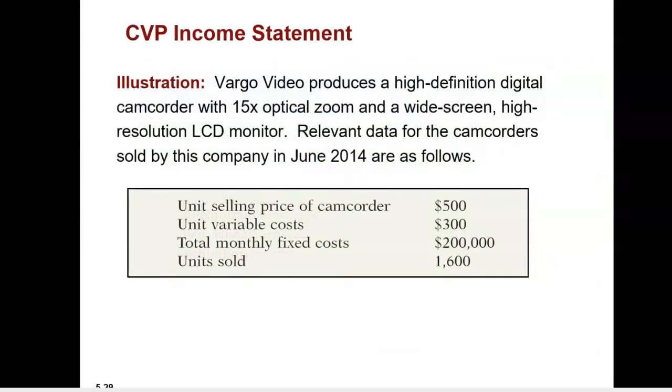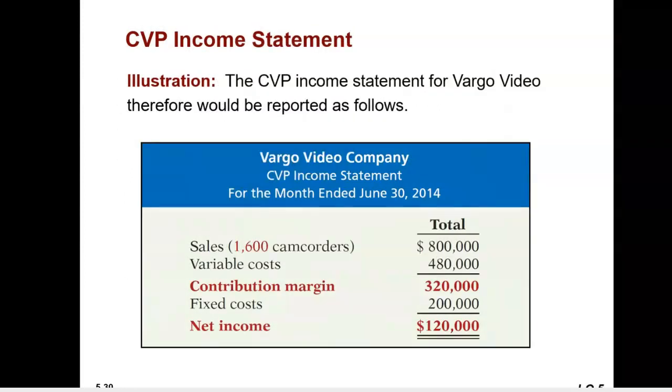All right, now we're asked to look at Vargo, which produces a high definition digital camera, and the relevant data is as follows. The selling price, 500, variable cost, 300, fixed costs, 200,000, and units sold, 1,600. So there again is my statement.